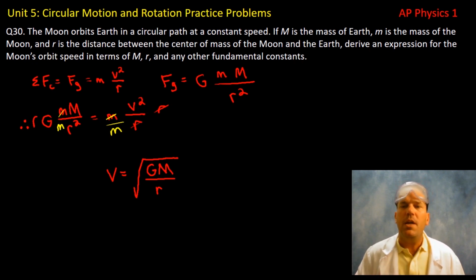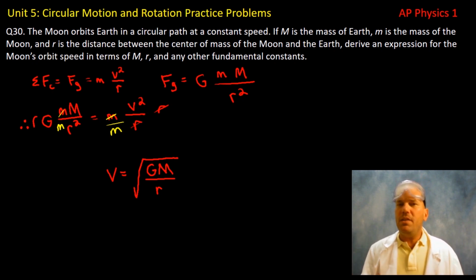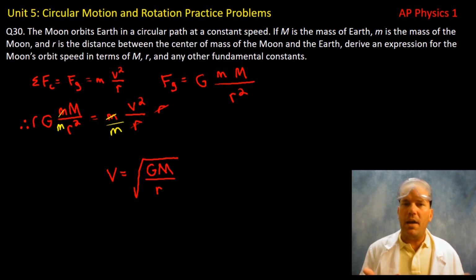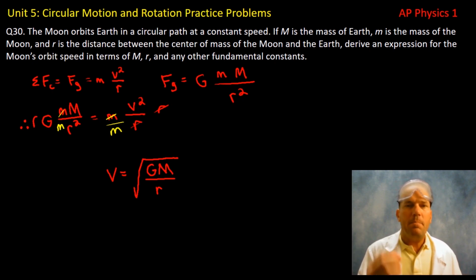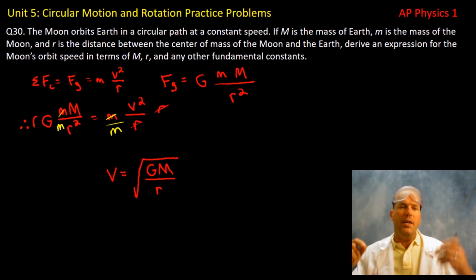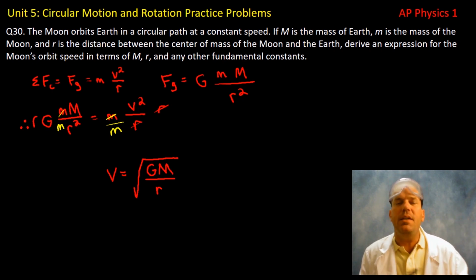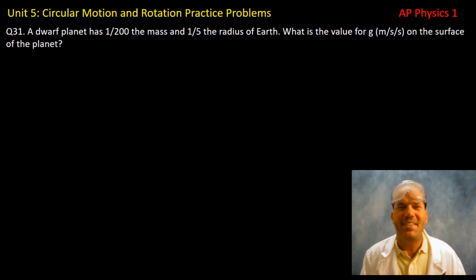It is equal to the square root of big G multiplied by the mass, capital M, which is the mass of the Earth, divided by r. And that's going to give us the orbital speed. Again, take-home message here: the mass of the object orbiting doesn't matter. It cancels out mathematically. We've seen this throughout the unit. Please remember that. Here we're showing it mathematically.